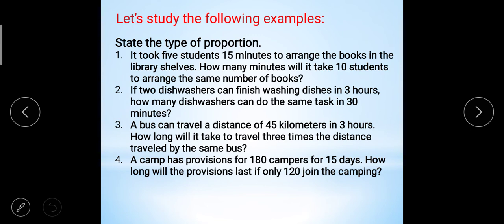Yun daw pong, for problem number 2, if the 2 dishwashers can finish washing dishes in 3 hours, how many dishwashers can do the same task in 30 minutes? Okay? By analyzing the problem, do you think it is an inverse or direct proportion? Why do you say so?